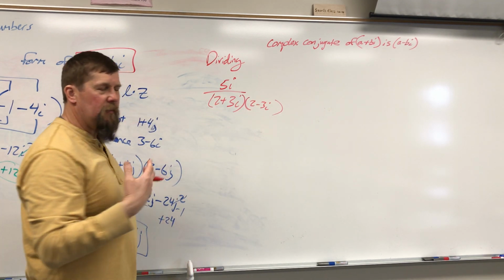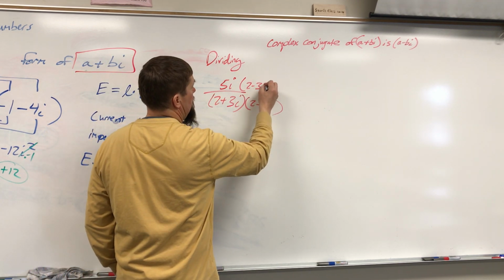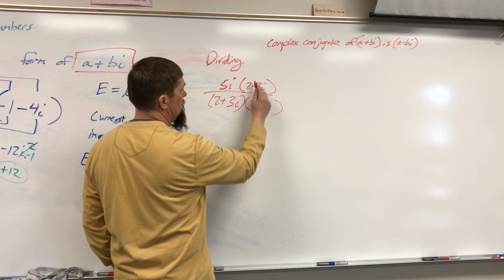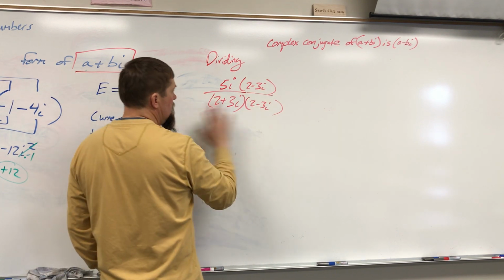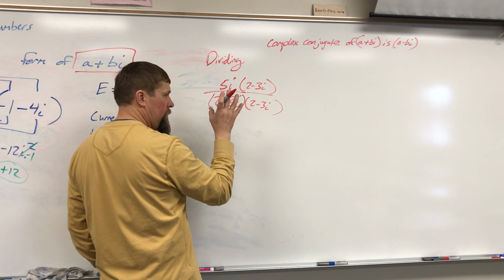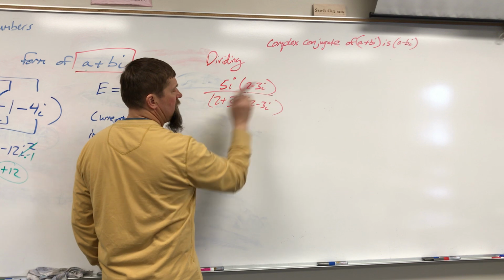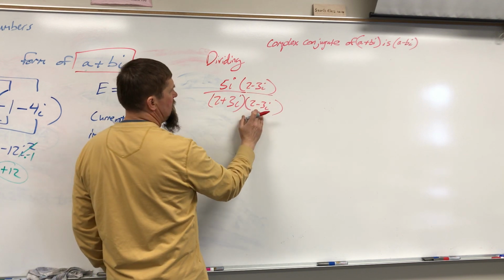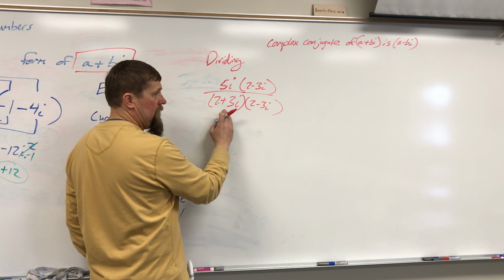Now, you don't just multiply the denominator by the conjugate, you also have to multiply the numerator, because really what you're doing is multiplying by 1, something over itself. Okay? So the object here is to get rid of the i from the denominator by multiplying by 1, which is something over itself, and that something is the conjugate of the denominator.